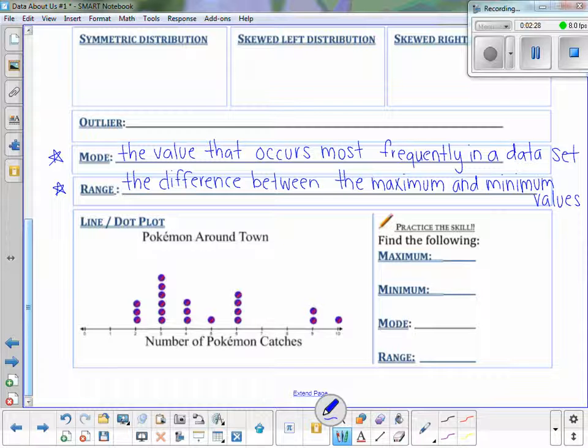We can see that we have a gap right here in our data. If we're just describing the shape of the data, we can see that we have a cluster, like a place where all of the data is bunched together.